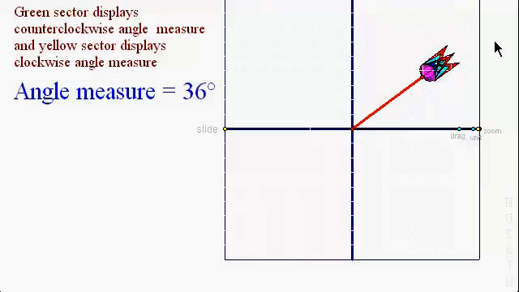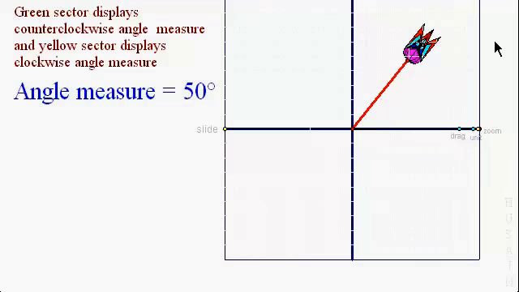If I keep moving, it is moving against the rotation of the clock. So the terminal ray is going against the clock's hand motion, so it is counterclockwise.